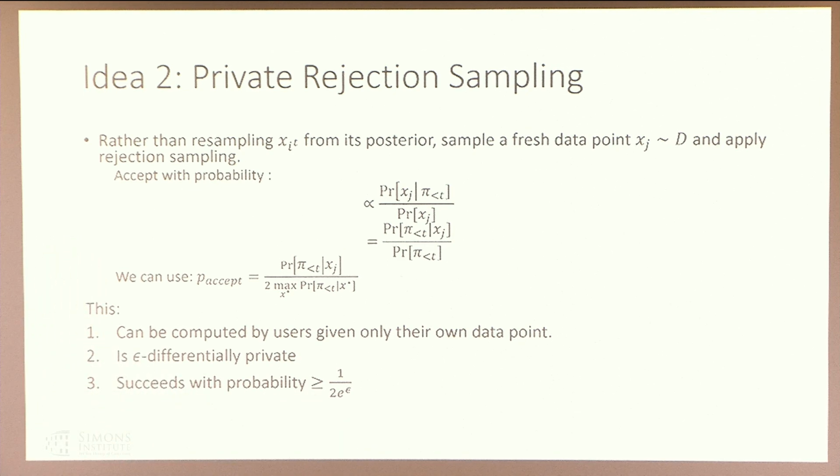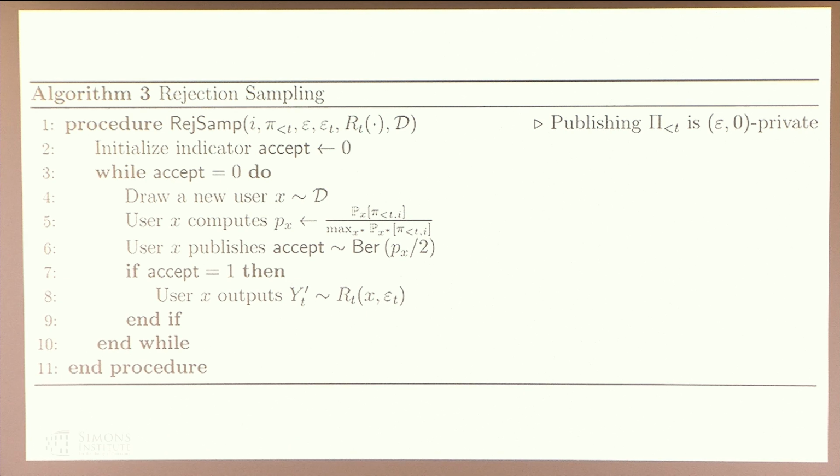So whenever our original protocol wants to run another local randomizer on a person, we use this rejection sampling routine.